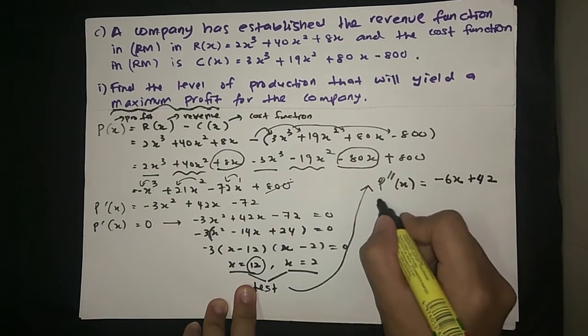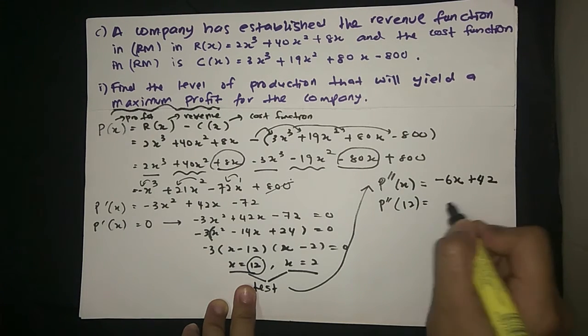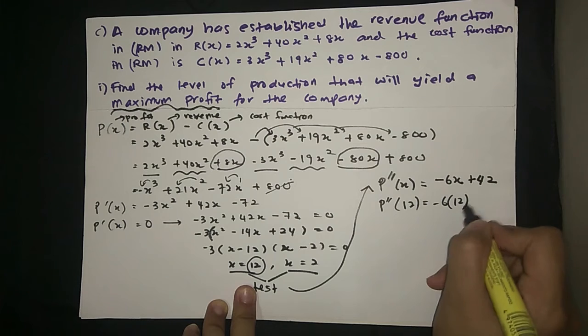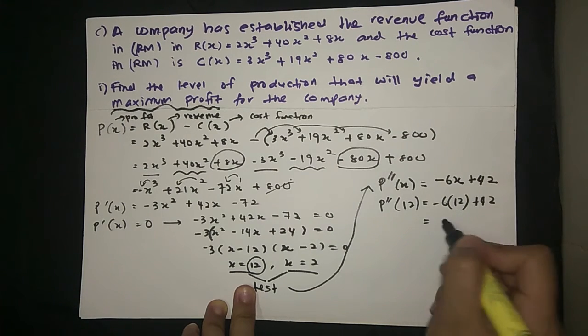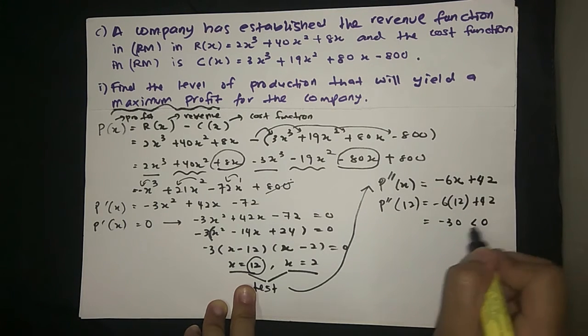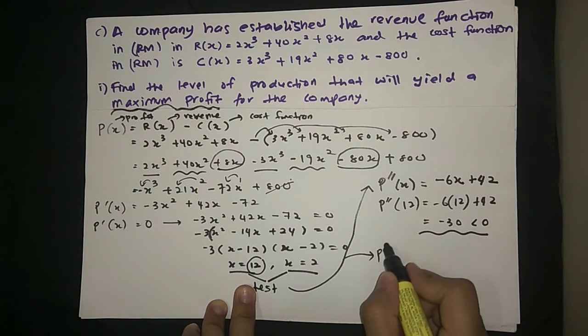Now we use the first one, which is 12. Negative 6 times 12 plus 42 becomes negative 30, so negative 30 is less than 0. Then we use the number 2.